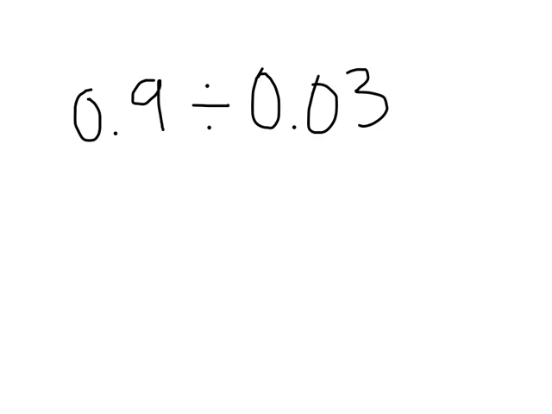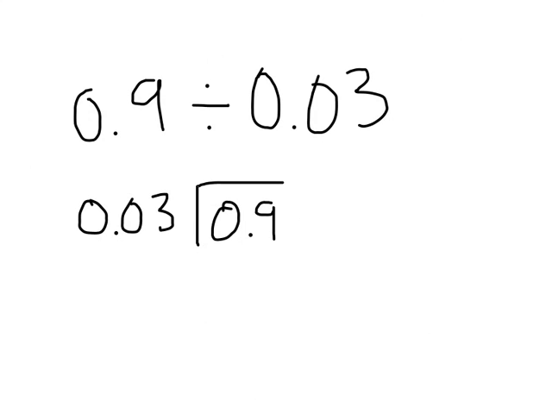What's 9/10 divided by 3/100? To create a whole number division problem where my dividend is a whole number and my divisor is a whole number, how many times will I need to move the decimal? I'll need to move it twice by multiplying times 100 in both the dividend and the divisor.